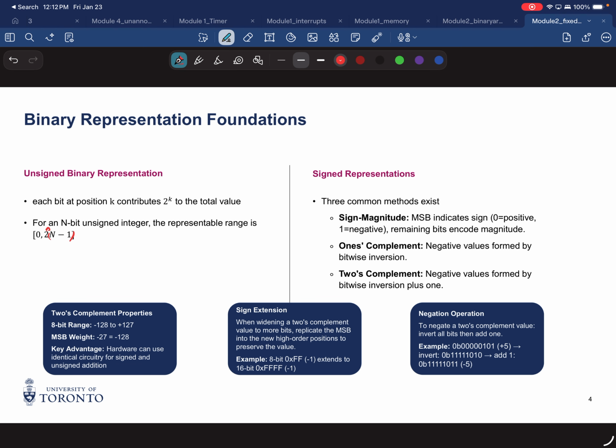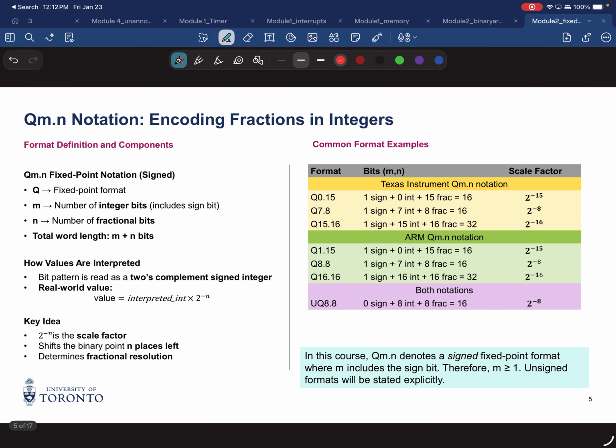When we are considering the signed version, the range is going to be shifted, because we are covering the negative ones too. And remember that for negative numbers, we are using the 2's complement. That's what we mainly talked about yesterday.